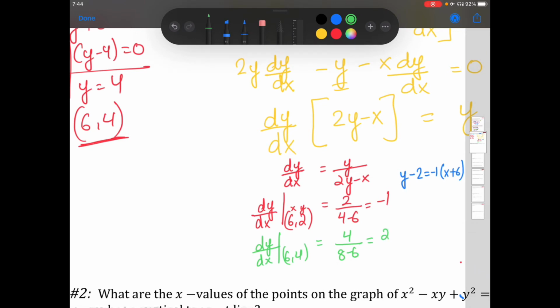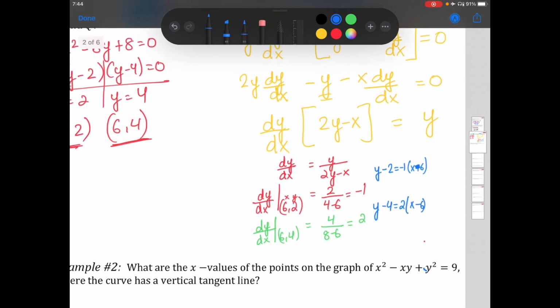So the second equation is going to be y minus 4 equals 2 times x minus 6. Oh, it's x minus 6, my bad. It's minus 6 here too. Right?